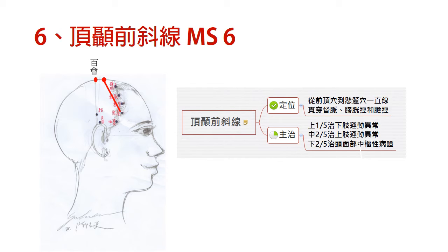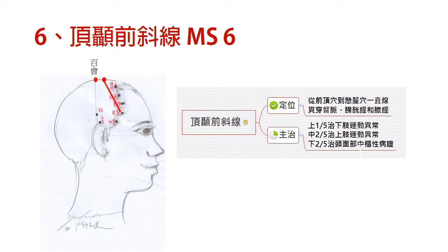So let's talk about it a second time. Now we talk about indications. It's a little bit complicated. The upper 1/5 of the MS6 is for paralysis of the contralateral lower limb.